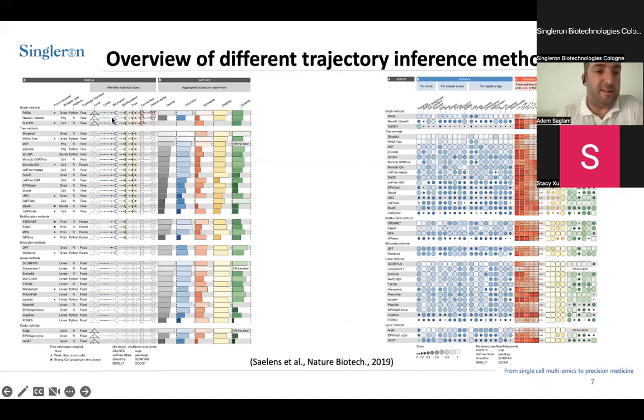And you can see in which cases you can use the different tools. For example, PAGA would be useful if you expect to have a cyclic trajectory or linear trajectory or bifurcation, etc. But some other tools are not really appropriate for that. For example, Slingshot, which is also a widely used tool in trajectory analysis, cannot detect any cyclic trajectory in the data.